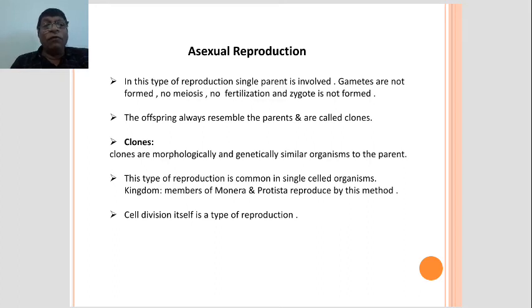If you examine carefully, when a single-celled amoeba divides and gives rise to two daughter cells, or when a bacterial cell divides and gives rise to two daughter cells, the cell division itself is a type of reproduction in lower organisms.